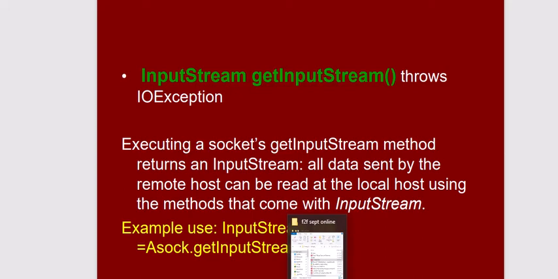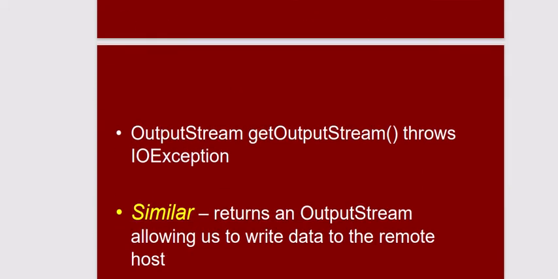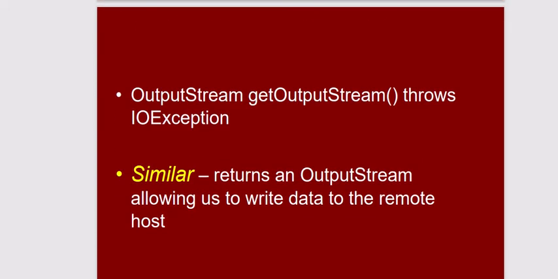So let's just move down the page. Exactly the same thing holds for an output stream. We can use the method called GetOutputStream, and if I want to use that method, I should really wrap it up with a try and catch the IO exception, if it happens, by executing a little bit more code.